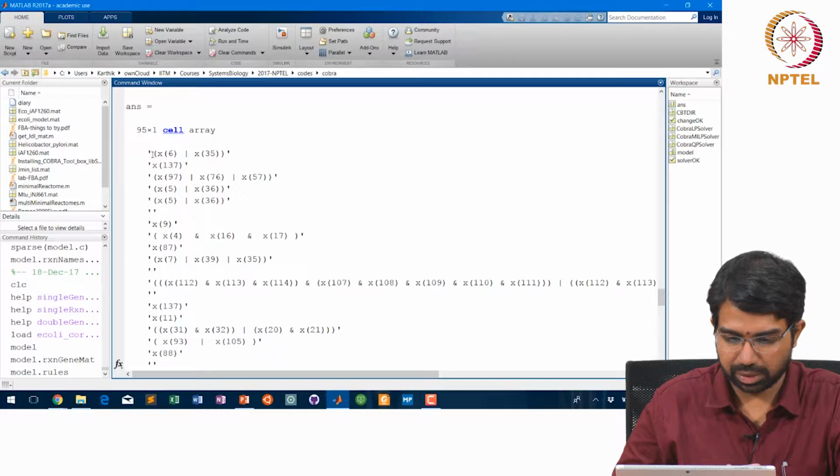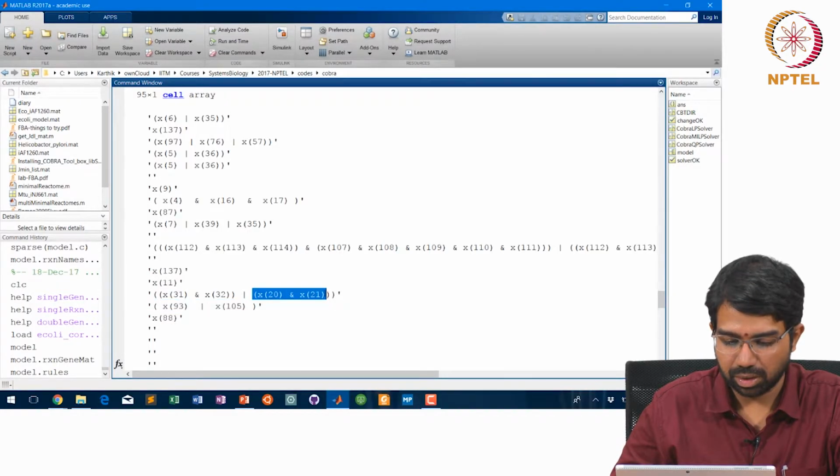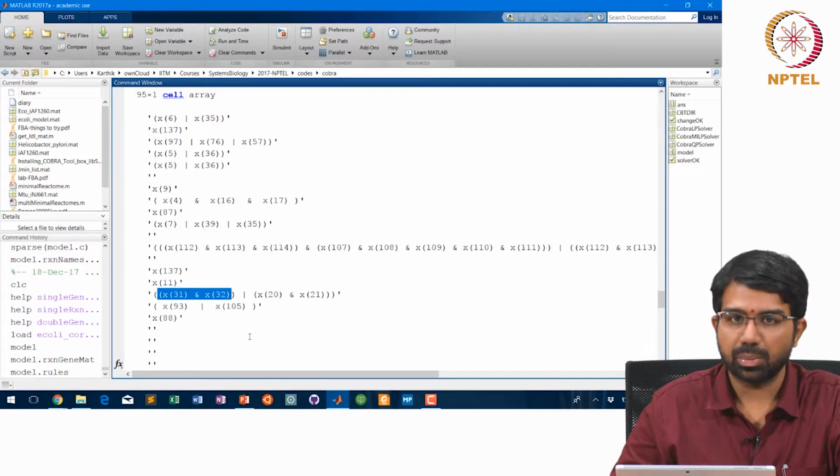So, you have several reactions that have no rules, basically empty rules, and so this means that gene 31 and gene 32 or gene 20 and gene 21 are together necessary, right. Either these are necessary together or these are necessary together for the reaction to happen.